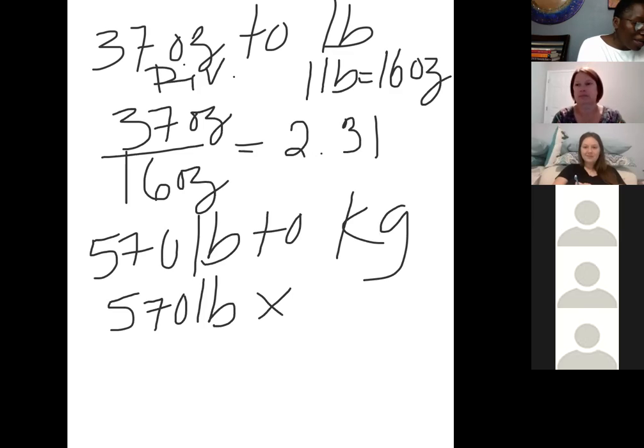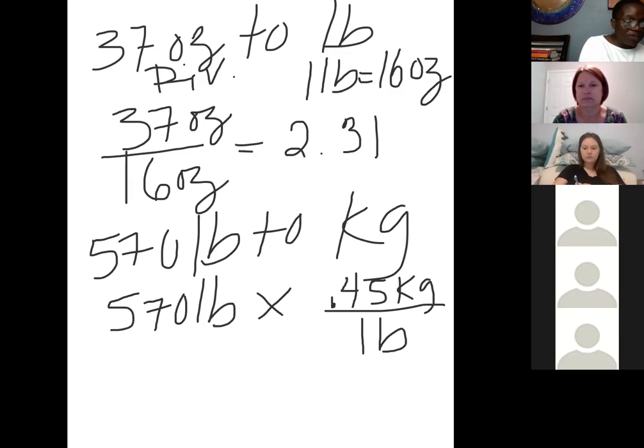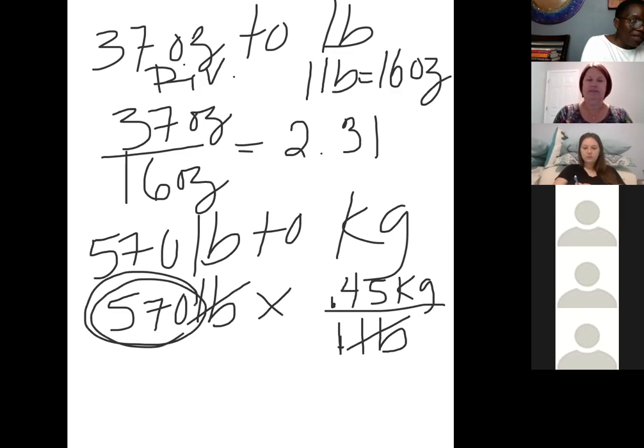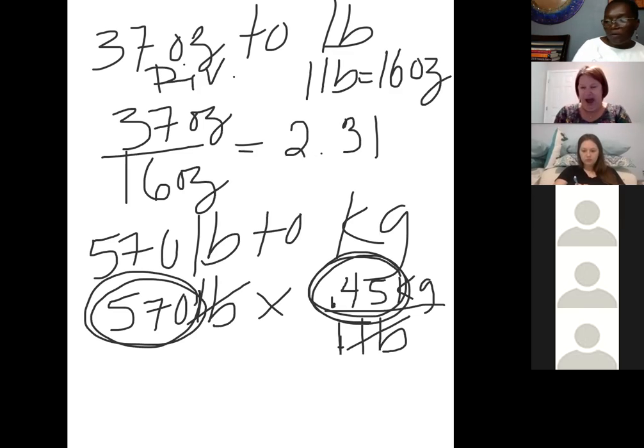We're going to do 0.45 kilogram over 1 pound, so we're going to eliminate the pounds. And we're going to take that 570 and multiply it by the 0.45, and that will give us the answer, guys.